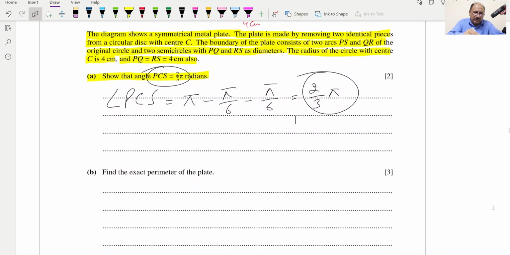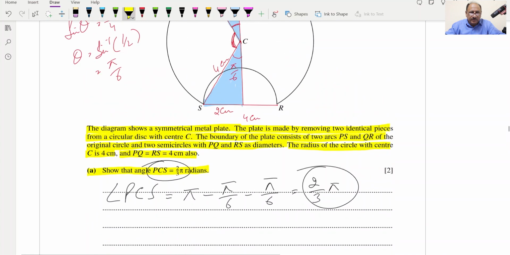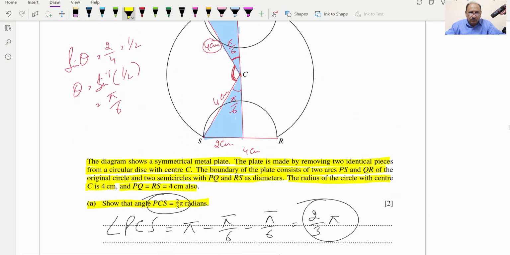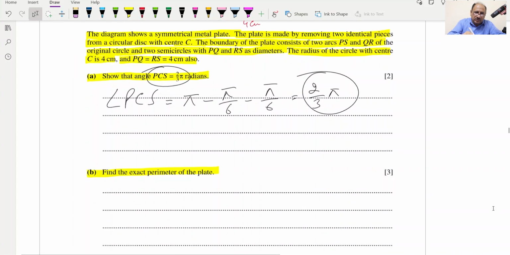And the second part, they are saying find the exact perimeter of the plate. So perimeter of the plate will be what? We will be multiplying r theta. Basically perimeter is r theta, so we can write perimeter is equal to 2 into radius r, and theta will be this one.